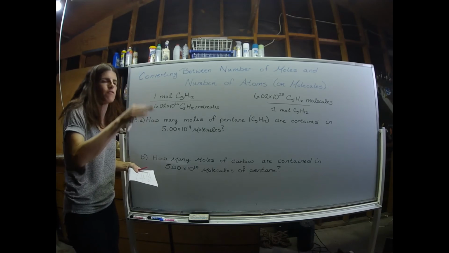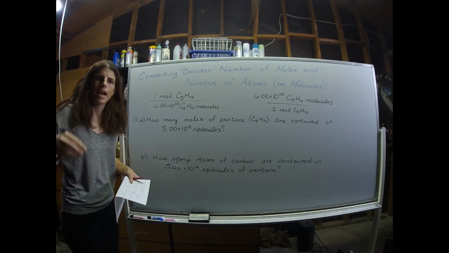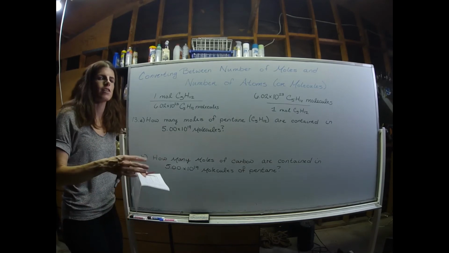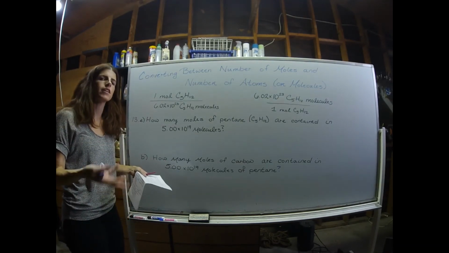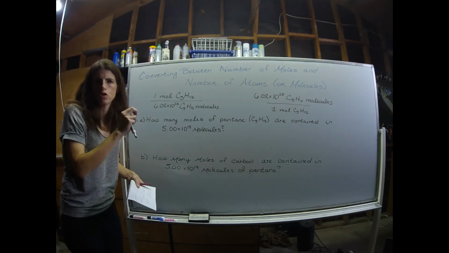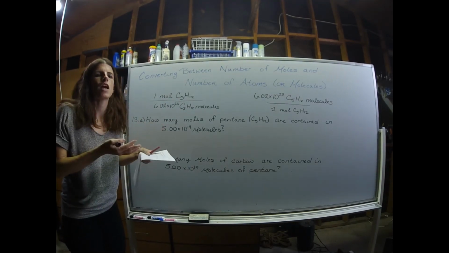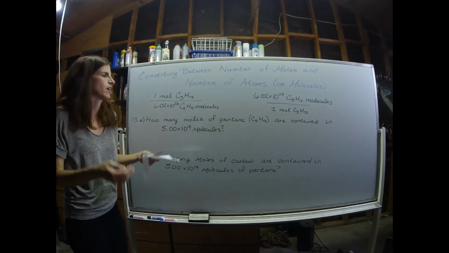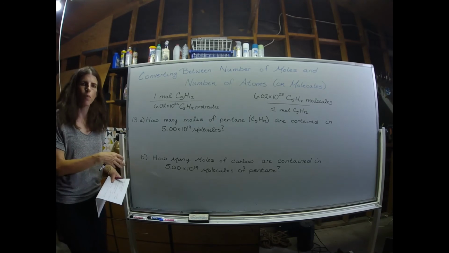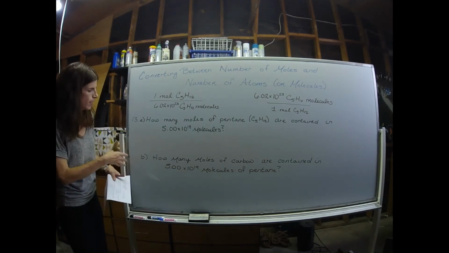So each C5H12 counts once. It's kind of like if you have a dozen sandwiches. It has 2 pieces of bread on each sandwich, but you're not worried about the subscript, the 2 pieces of bread. You're just worried about the sandwich as a whole. You're ordering 12 sandwiches.